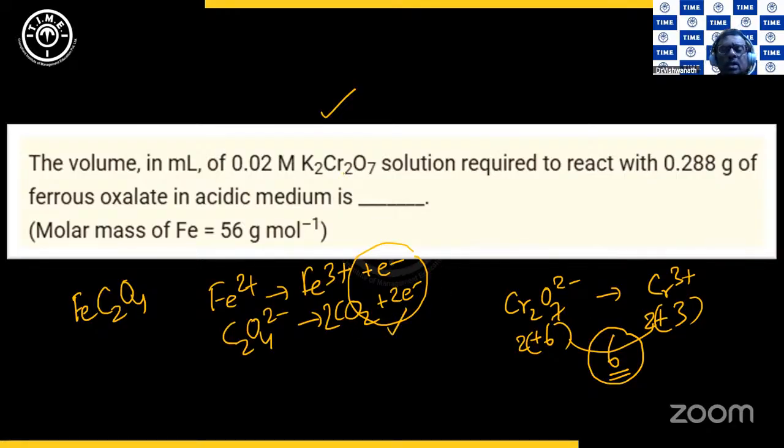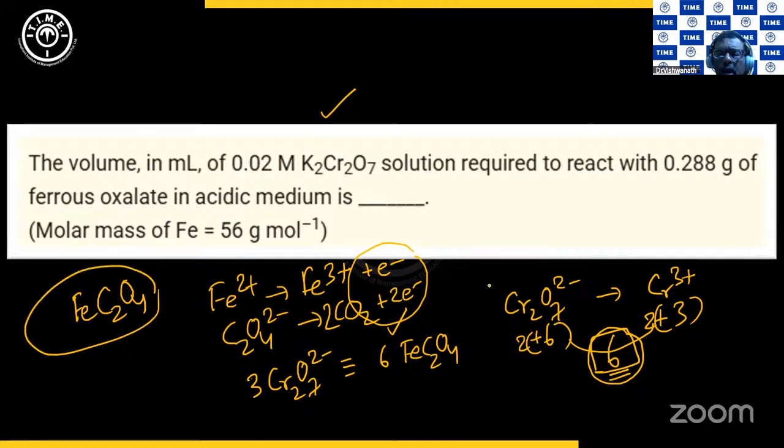So now, shall we say that the balancing shows that 3 dichromate is equivalent to 6 FeC2O4? Because this 6 will become the coefficient of FeC2O4 and the 3 will become the coefficient of Cr2O7 2-. Or shall we say that the number of moles of Cr2O7 2- is half the number of moles of FeC2O4?